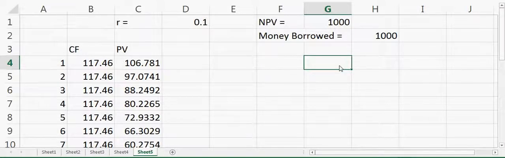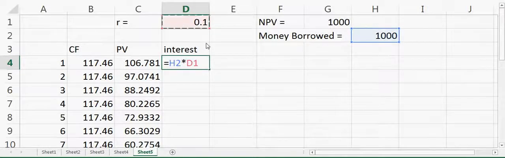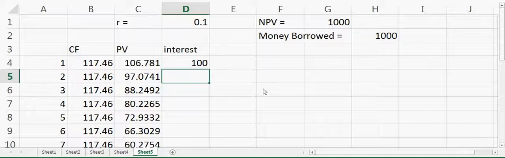At the end of 1 year he will be paying the interest on $1,000, and the interest rate is 10%. So we'll calculate the interest as principal times the interest rate. That is your $100, but he's making a payment of 117.